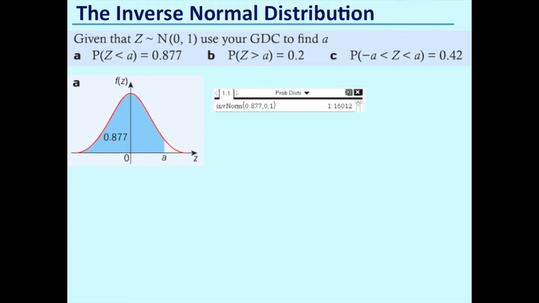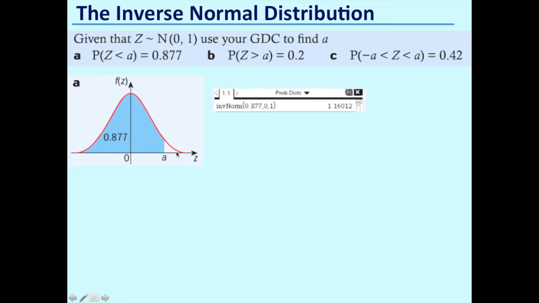So if you go to probability and then distributions and inverse normal distributions, this first number here is the area to the left of any value. It's always to the left. So the area to the left of a particular value represents the probability. The mean is 0 and the standard deviation is 1. And that gives us a value here of 1.16, which looks about right, approximately here.